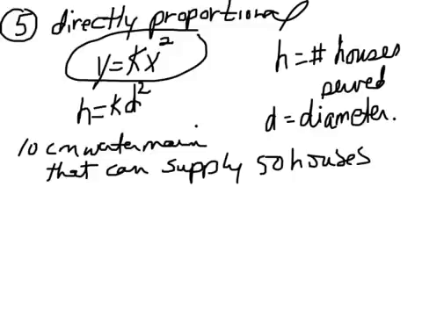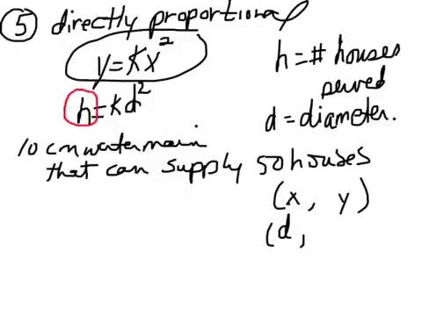Let's write this down. Normally I would write an X and a Y, but here my X ended up being the diameter, right? And what did my Y end up being? What did I write it underneath on the equation? What did I call my Y, guys? What's the variable there? Come on, I need your input. H. It's the number of houses, right?